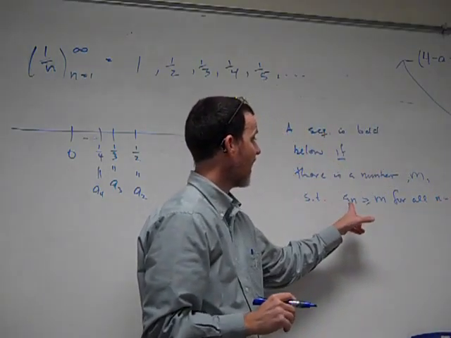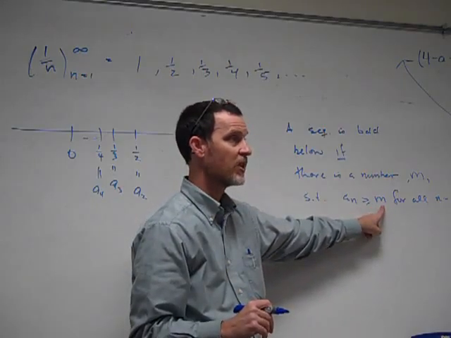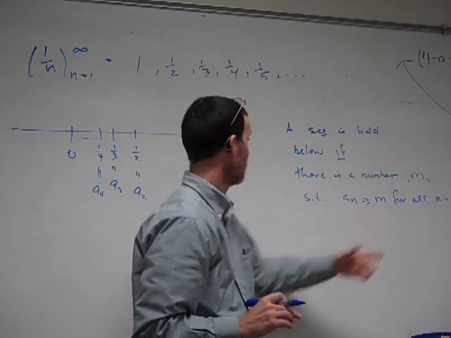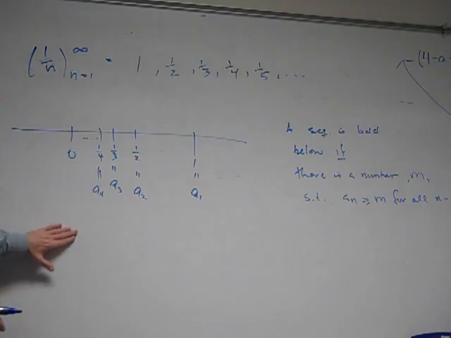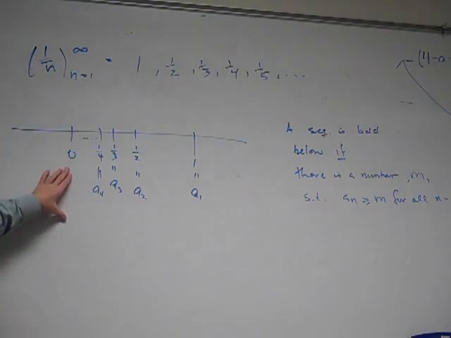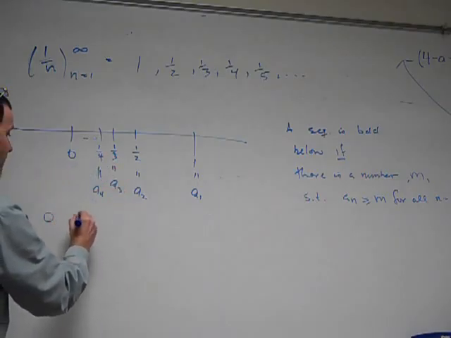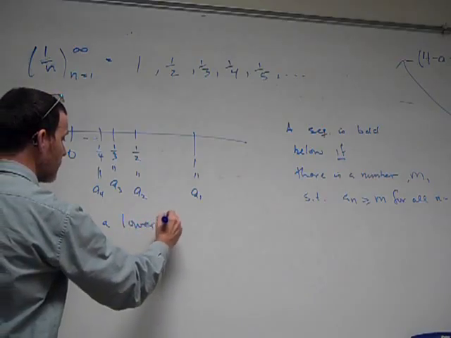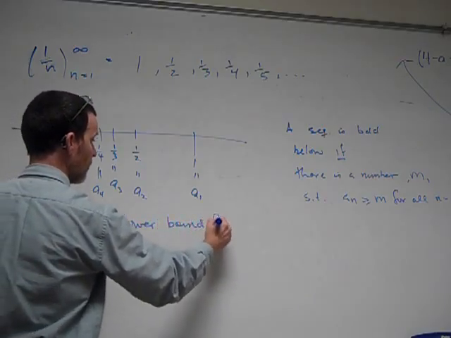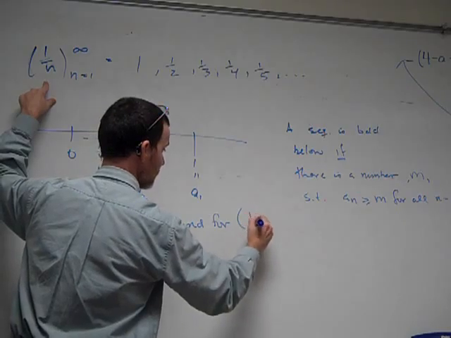In other words, every term of the sequence is bigger than or equal to this number. So what's a number that every term in the sequence is bigger than or equal to? 0, right? They're all positive. So 0 is a lower bound for this sequence.